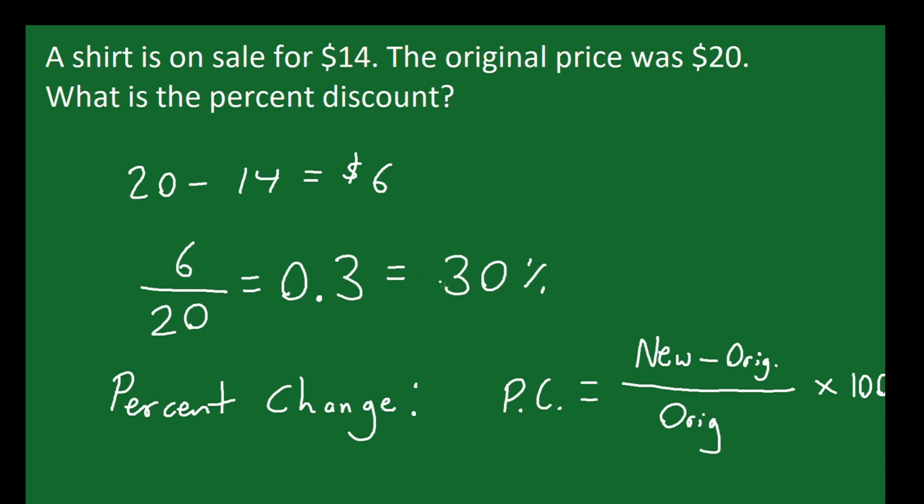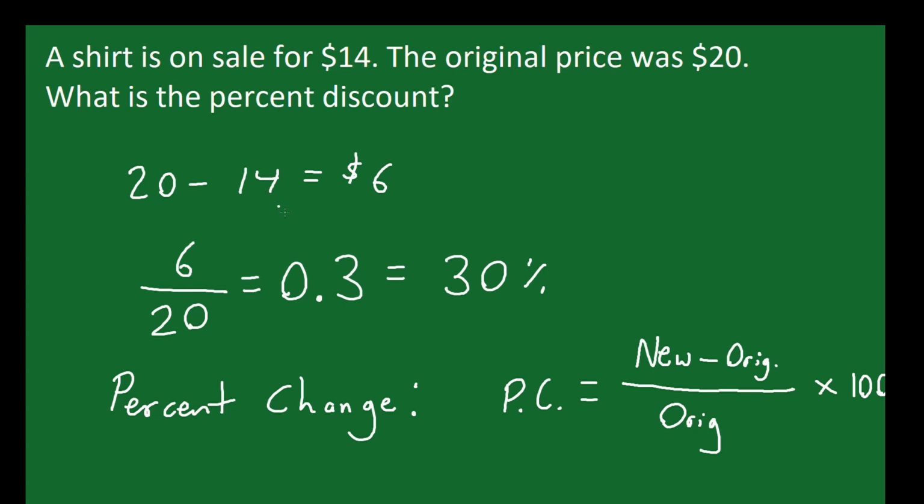The negative just indicates that the price decreased by 30%, right? So it doesn't really matter if you do new minus original or original minus new on the top of this equation. The only difference will be that your final answer is either positive or negative. But that positive or negative will just indicate if you've increased or decreased, right? So in the way I did this question initially, I did 20 minus 14. I didn't do new minus original. I did original minus the new price.